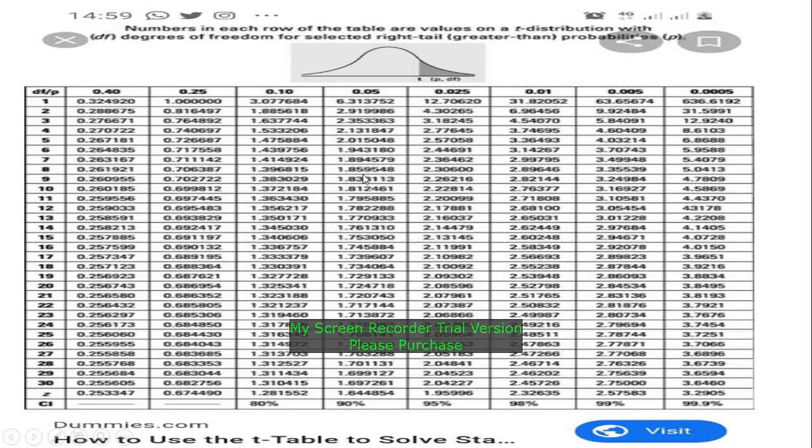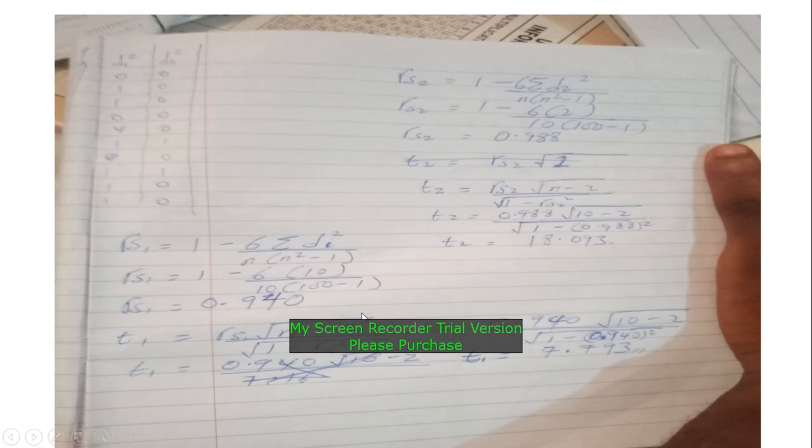Okay, and obviously when we come here, we can see that our t here we had 7.793. Okay, so our t calculated here is greater than our t critical. So what do we do? We reject. So when we reject our null hypothesis, what is it trying to say? There is heteroscedasticity.